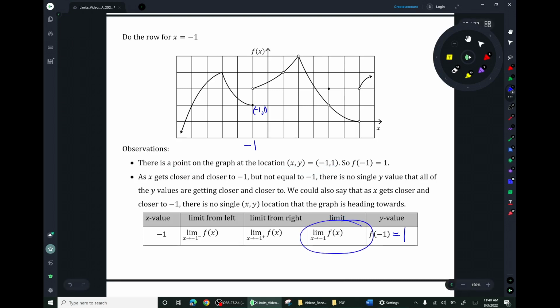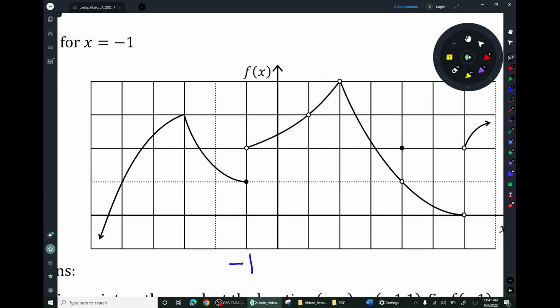Now let's figure out what goes in the cell there. We need to find the value of the limit. That means we need to consider x values close to -1 but not equal to -1 and see what's happening with the resulting y values. Well, for that we'll zoom in and we'll choose x values close to -1 but not equal to -1. For instance, this blue one.